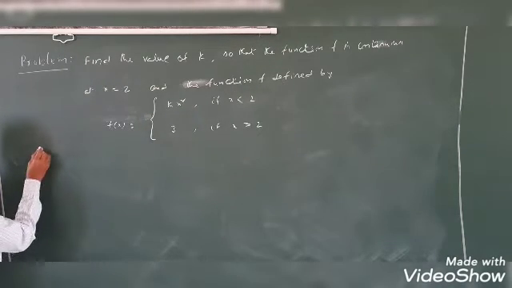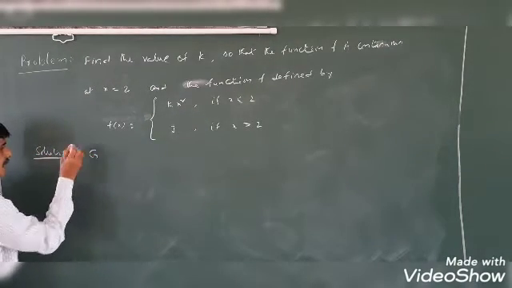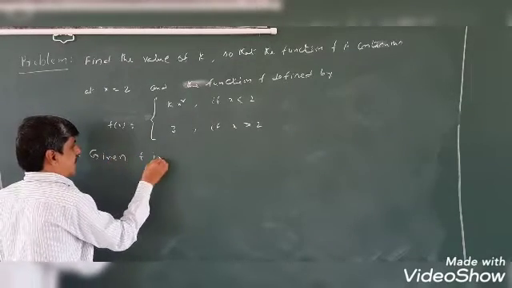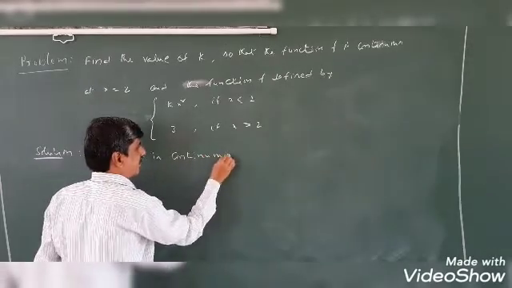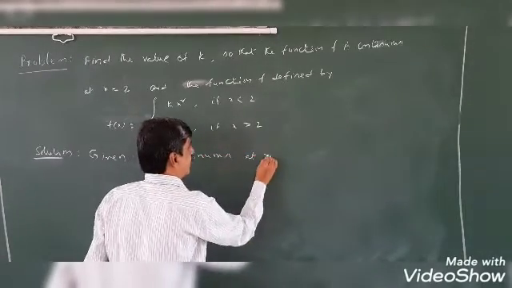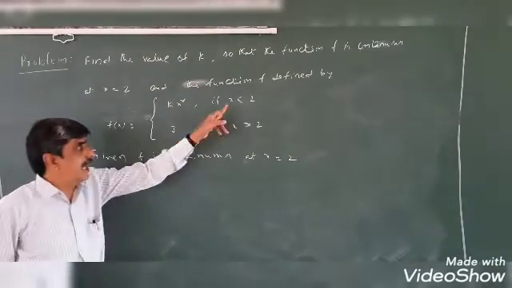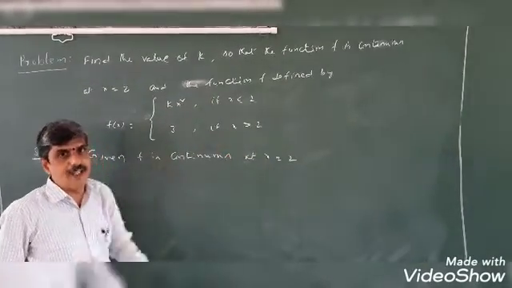So here, solution. Given f is continuous at x is equal to 2, here the function is defined for x less than or equal to 2 and x greater than 2.